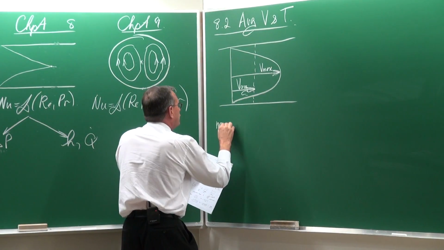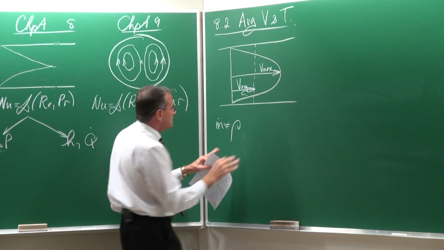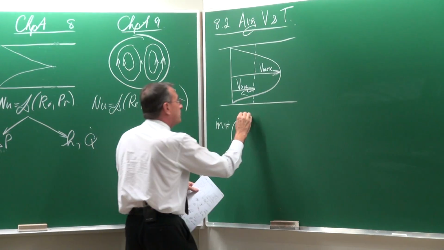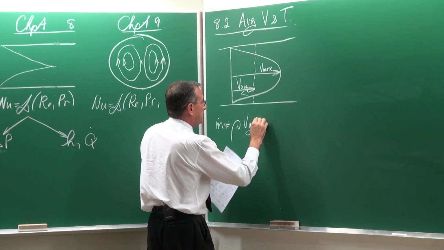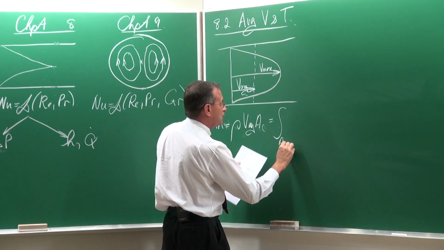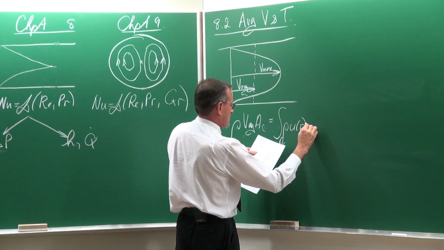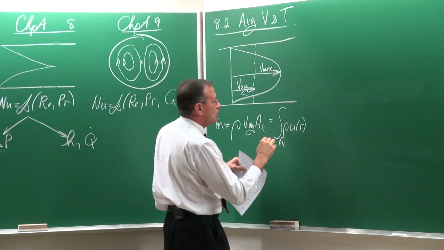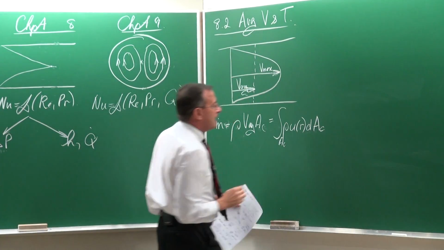And from your fluid mechanics, you can also do the integration of the mass flow rate, which is equal to the density multiplied by the average velocity, multiplied by the cross-sectional area, and you can do this integration over the area of rho u(r) dA.